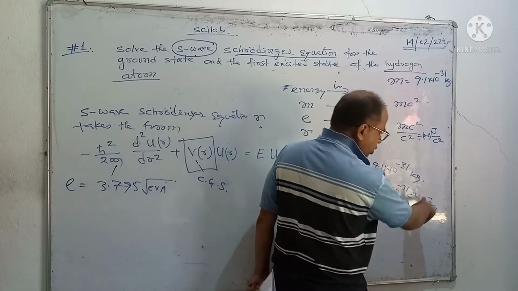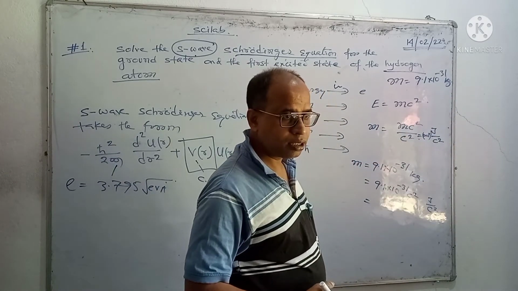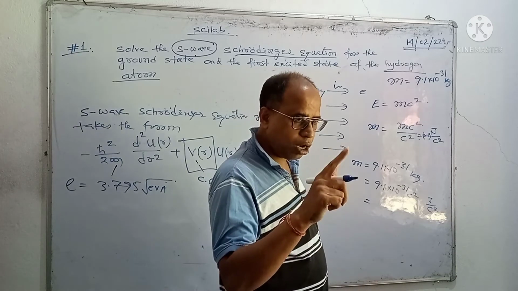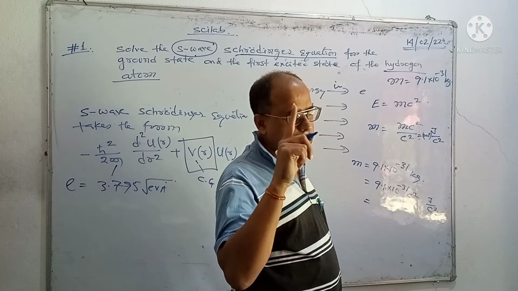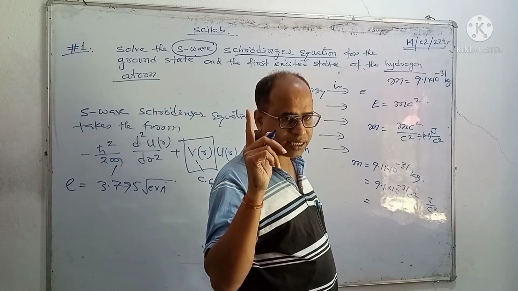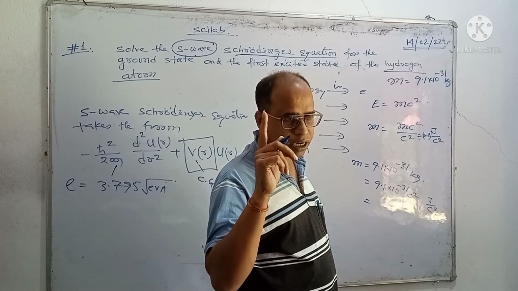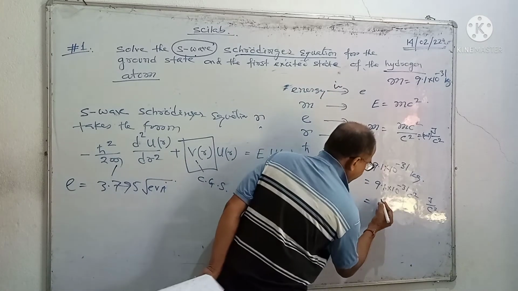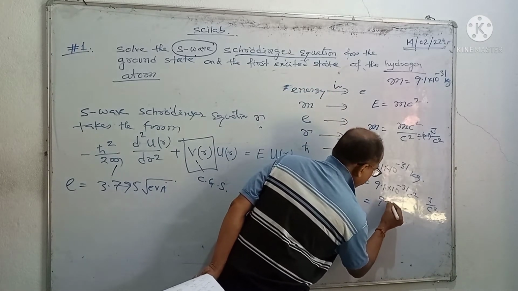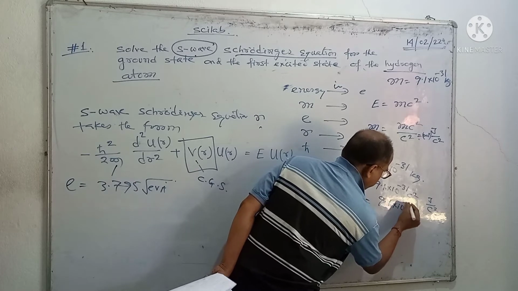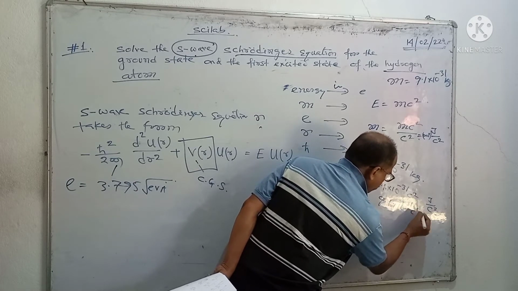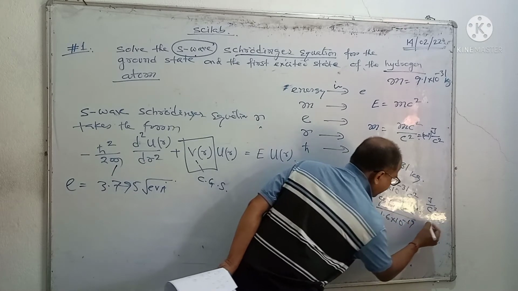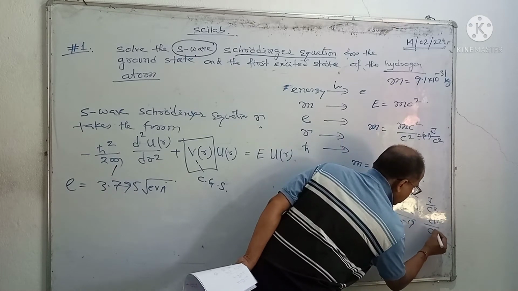Next, joule has to be converted in electron volt. We know 1 electron volt is equal to 1.6 into 10 to the power minus 19 joule. Therefore if you convert the joule into electron volt, that will be 9.1 into 10 to the power minus 31 c square by 1.6 into 10 to the power minus 19 electron volt by c square.